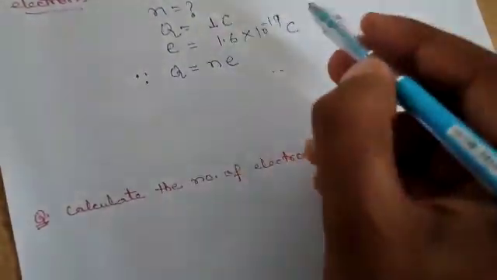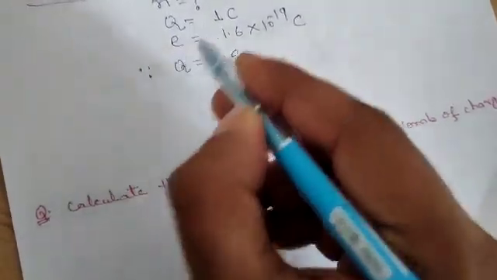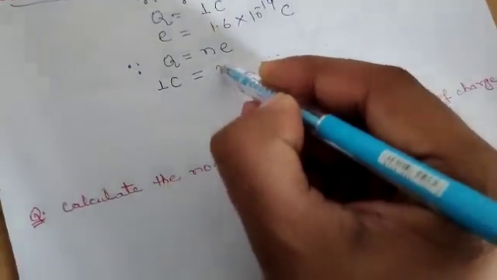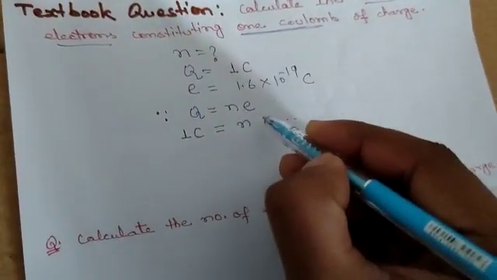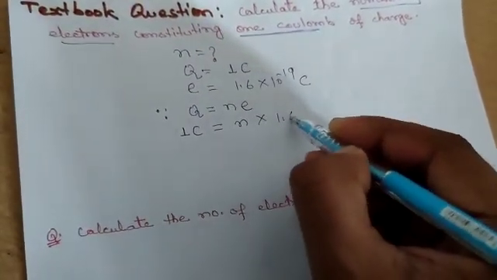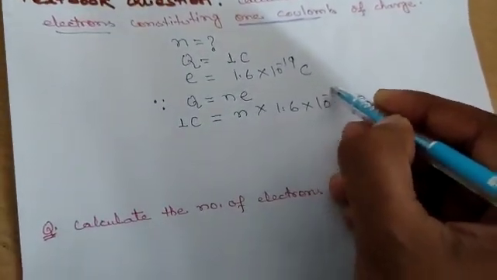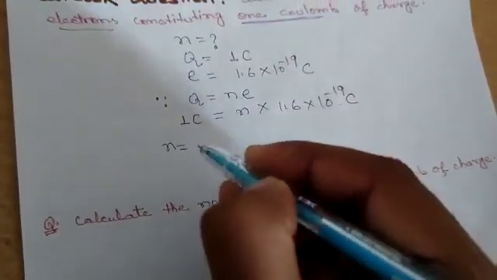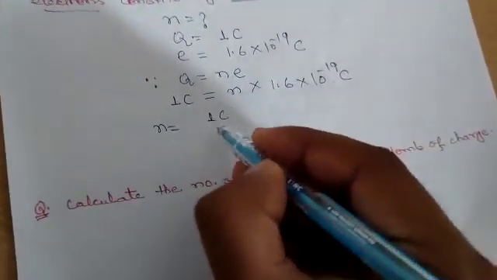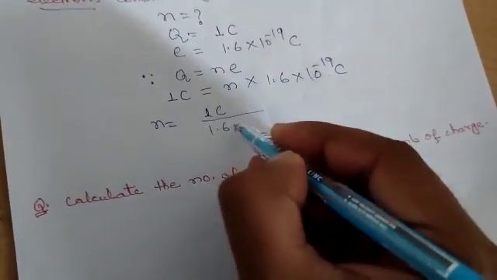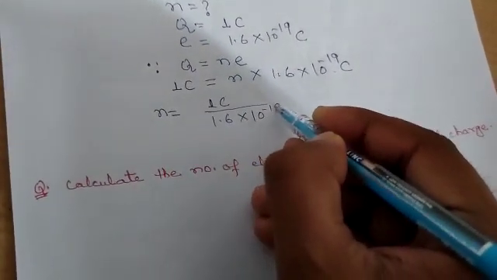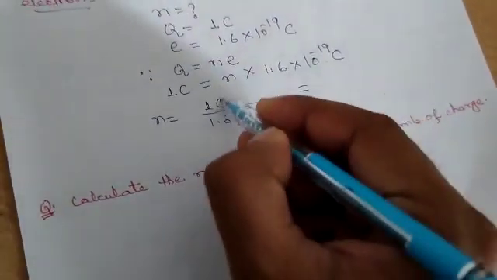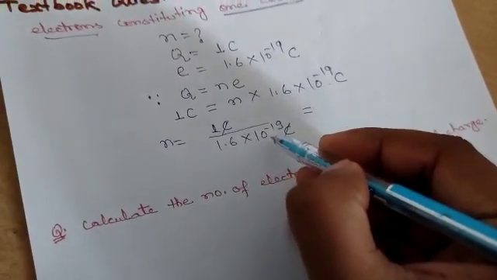Now substituting all the values given in the question, Q equals 1 coulomb, which equals n, we have to find out, and the value of e is 1.6 multiplied by 10 to the power minus 19 coulomb. So n equals 1 C divided by 1.6 multiplied by 10 to the power minus 19 C. C and C cancel out, and this is 10 to the power minus 19.